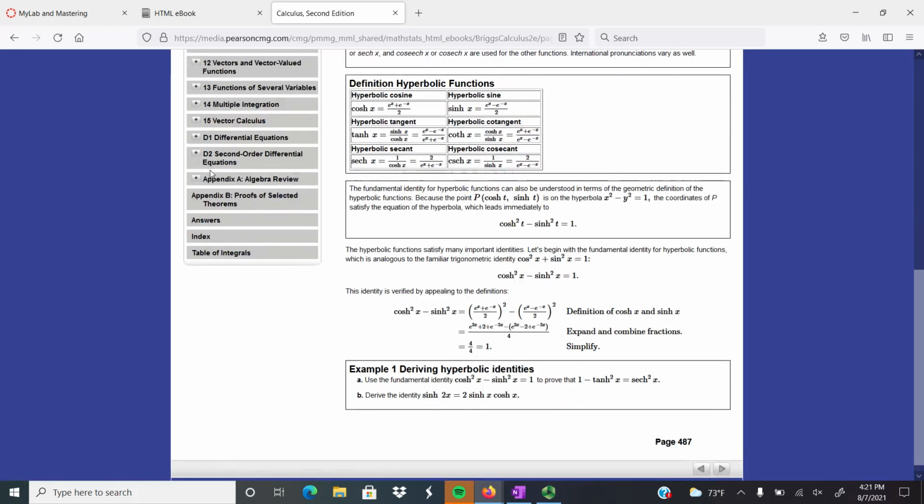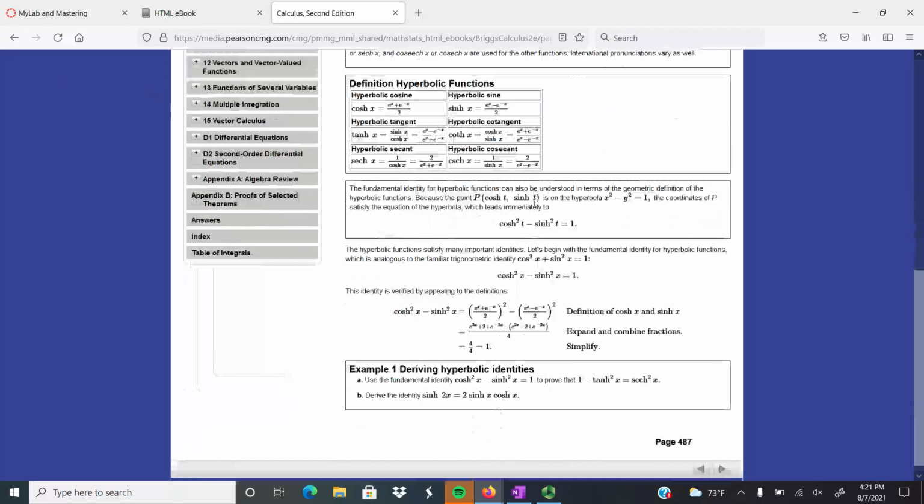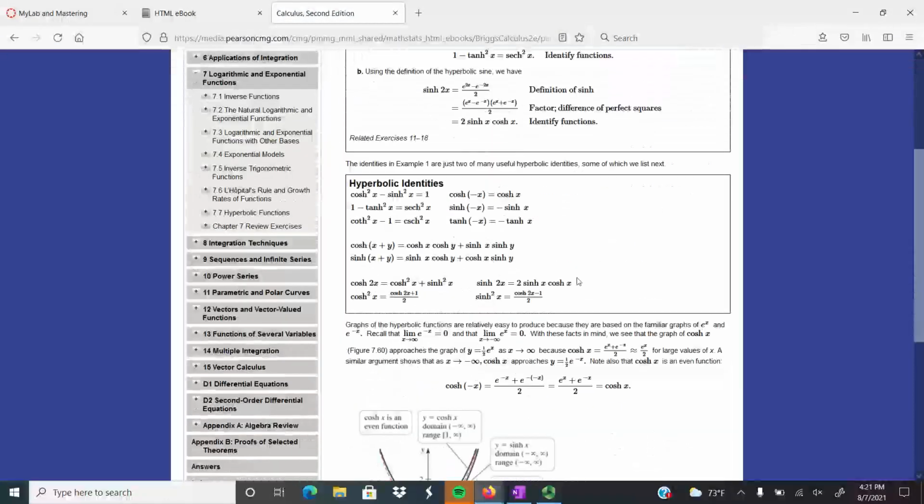And you had before, when we had trig functions, we had trig identities. And so we have here for our hyperbolic functions, we have hyperbolic identities. So just like you had for your trig functions, we have the same thing here for these guys.